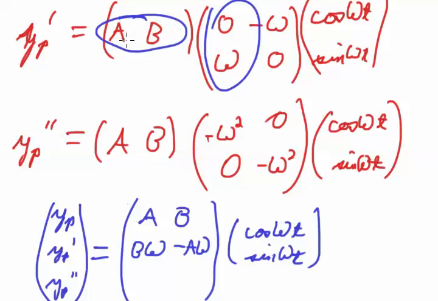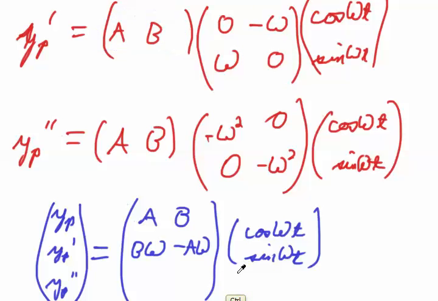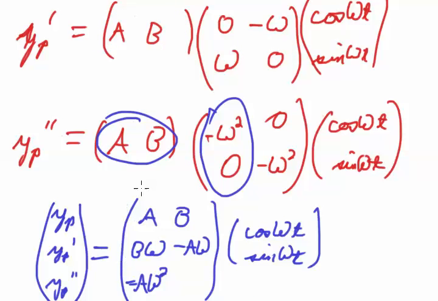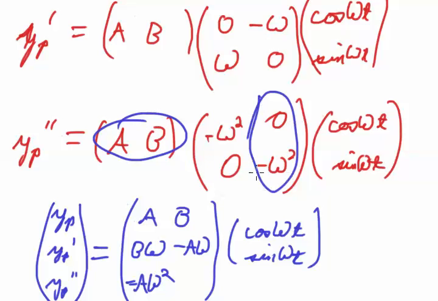Just to make sure you understand, the b omega comes from there. Then we have the y prime omega, which is this, negative a omega squared. And the next column is this a times 0 plus b times negative omega squared, which is negative b omega squared.